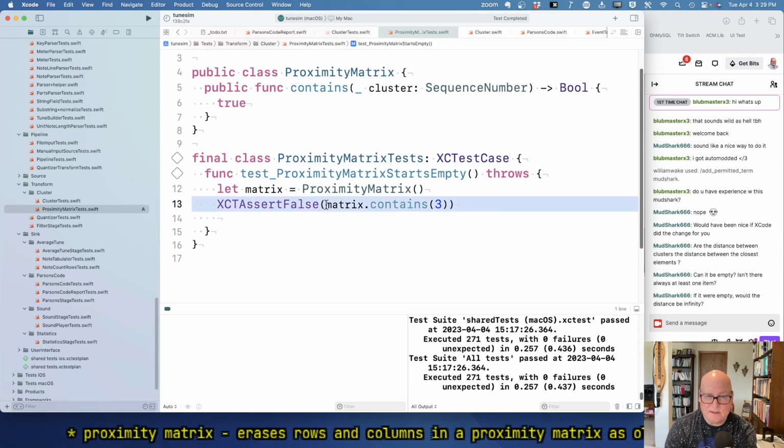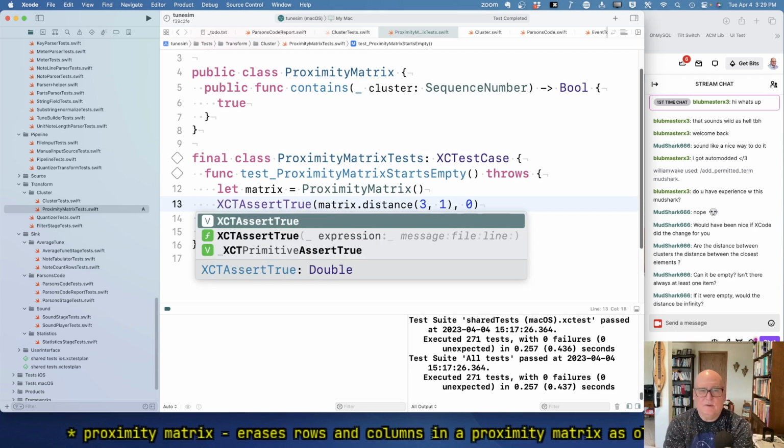But to your point, I think contains is not right. I think I need to ask it the distance from 3 to 1. If they don't exist in there, it should conceivably be 0.